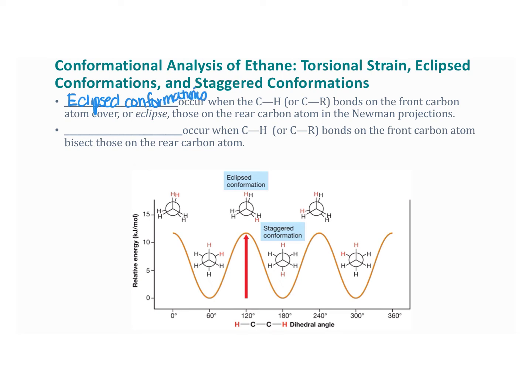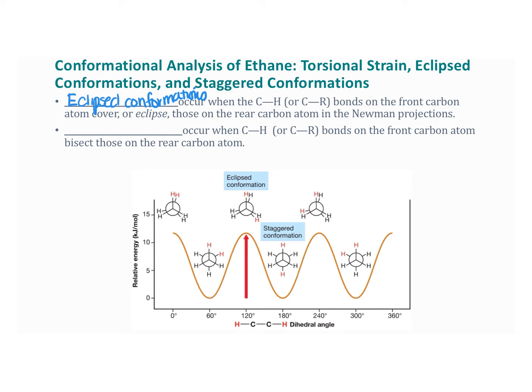Right? Because those carbon-hydrogen bonds at the front carbon cover or eclipse those on the rear carbon atom in the Newman projections. Now, because hydrogen substituents are all identical, that's why these 3 conformations are indistinguishable.